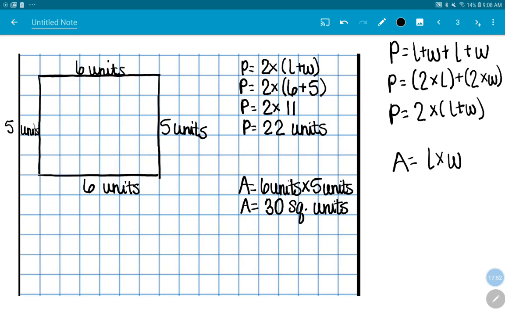Notice I abbreviated square with just an SQ. You'll also sometimes see square units written as the answer 30 units with a little 2 exponent, which means squared. You'll learn more about that as you go along in math, but that's another way that you may see it written. It means the exact same thing.